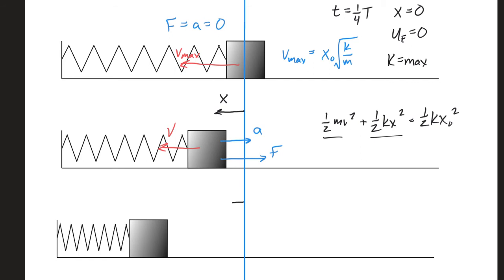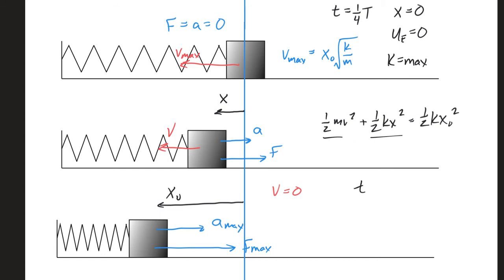And finally, we'll make it to this position. The amplitude again. It's the negative amplitude. But again, we make it to this side. And at this moment, velocity is 0, force and acceleration are again maximum, but point in the opposite direction.